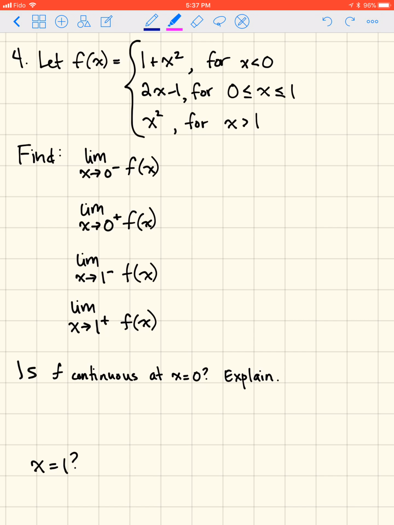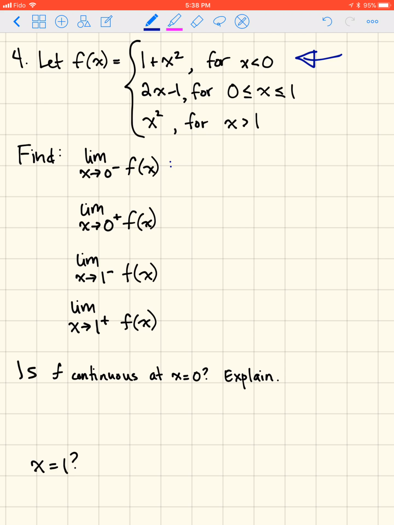So looking at these limits, the first one is the limit as x goes to 0 from the negative side of f, our function. You can think of it as the left limit at 0. So we need to use the function definition here, because as we're coming up to 0 from the negative side, that's where x is less than 0.